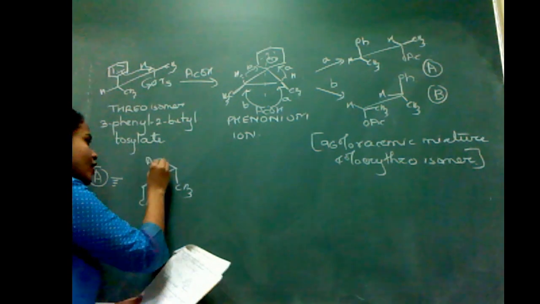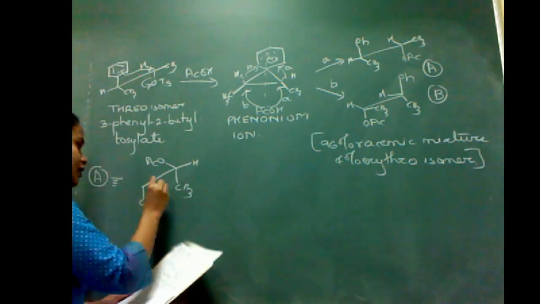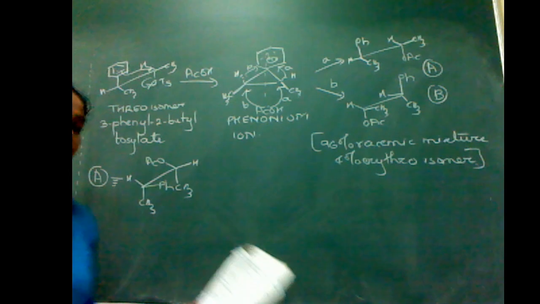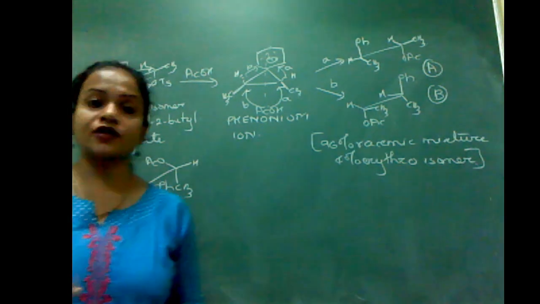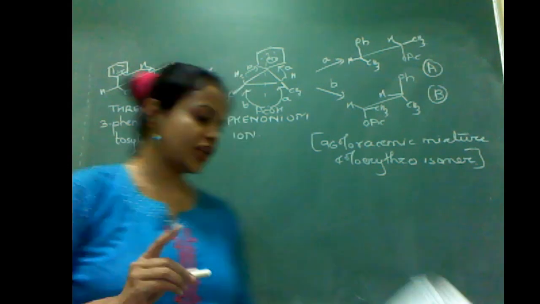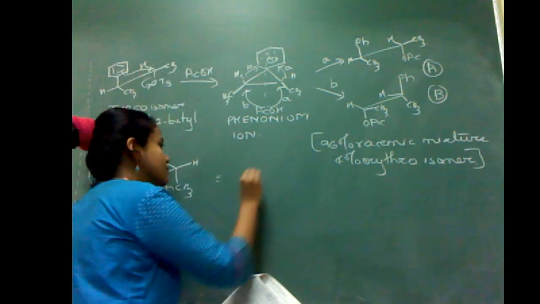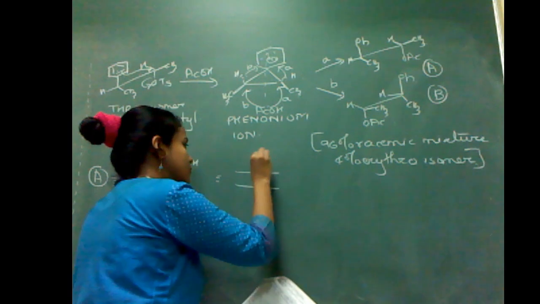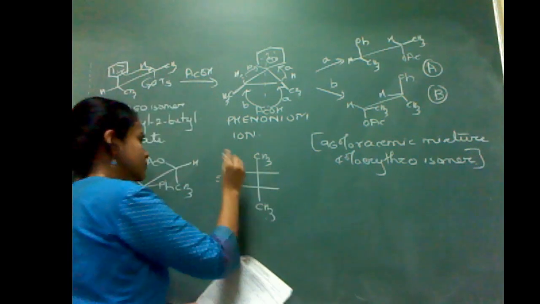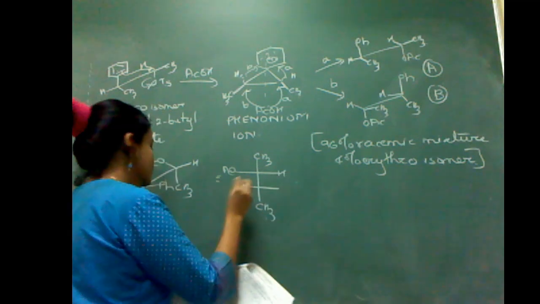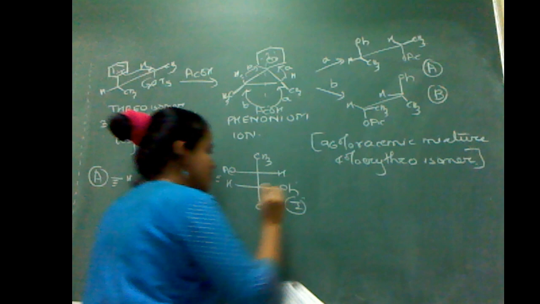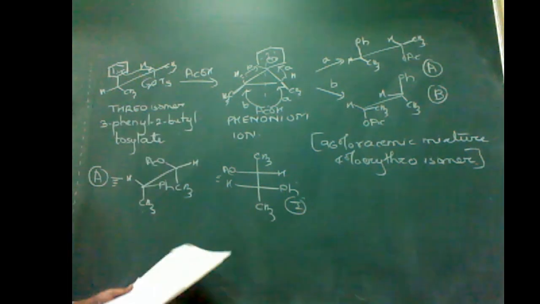Then you have OAc, this hydrogen, the phenyl group and this hydrogen. Whenever you write the Fischer projection formula, please note that there should be the longest chain of carbon atoms. So this is your structure 1.